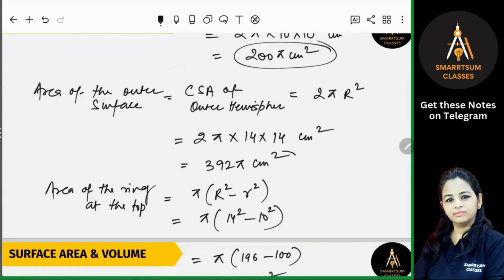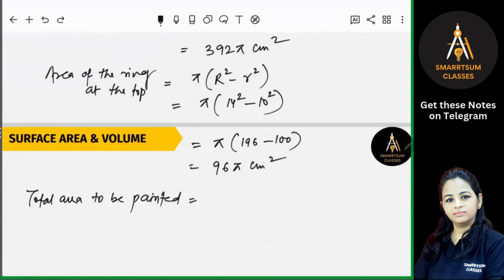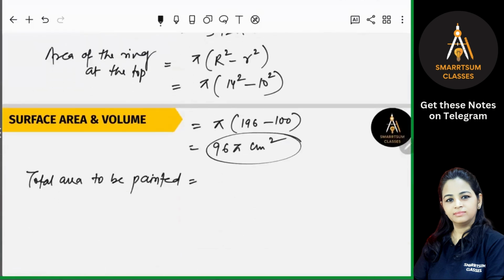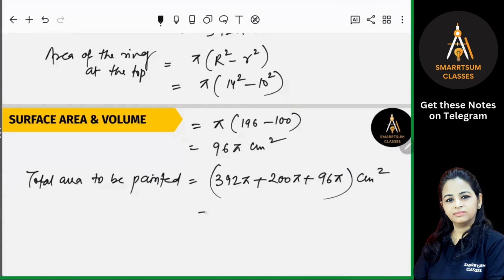The area of the outer surface is 392 pi centimeter square. And the area of the ring is 96 pi centimeter square. So write them together: 392 pi plus 200 pi plus 96 pi centimeter square. This is equal to 688 pi centimeter square. This is the total area to be painted.